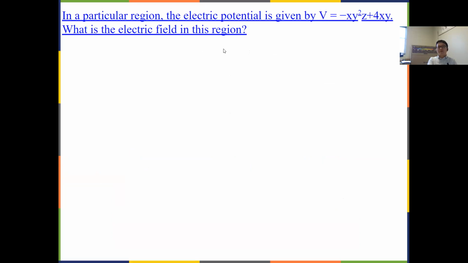What's the electric field in this region? So you're doing the gradient of this, which means partial derivative of V over x, then over y, and then over z, with the minus sign.